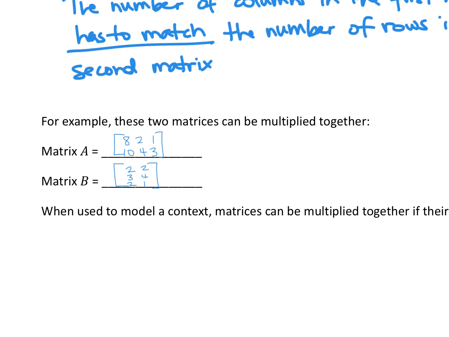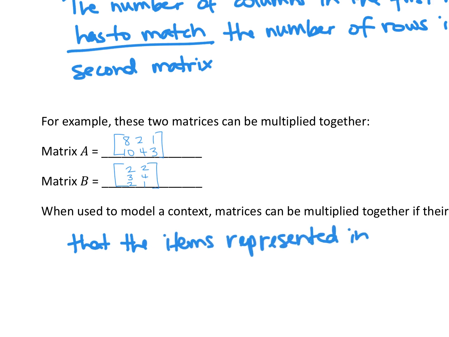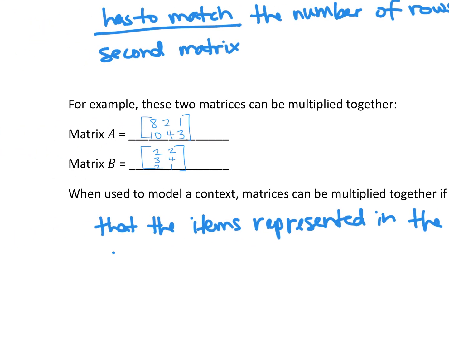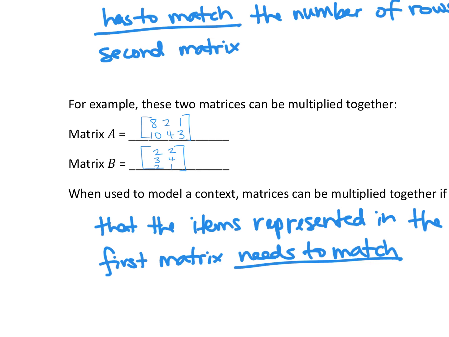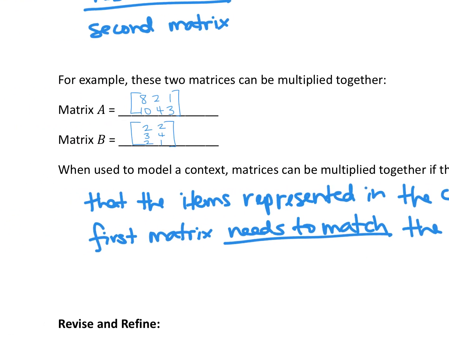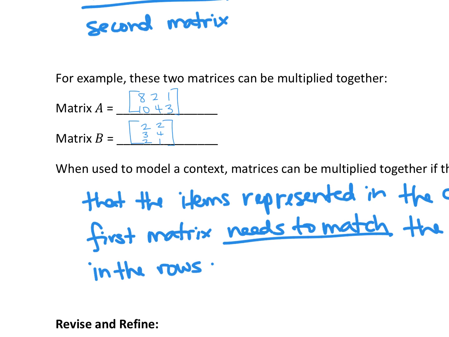It means that the items represented in the columns of the first matrix need to match the items represented in the rows of the second matrix.